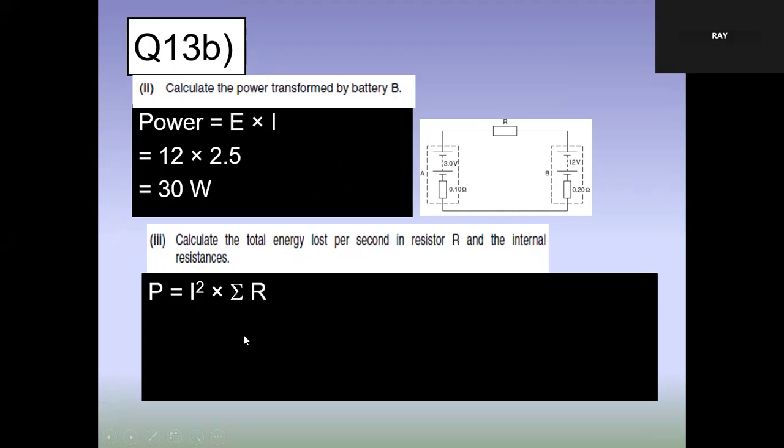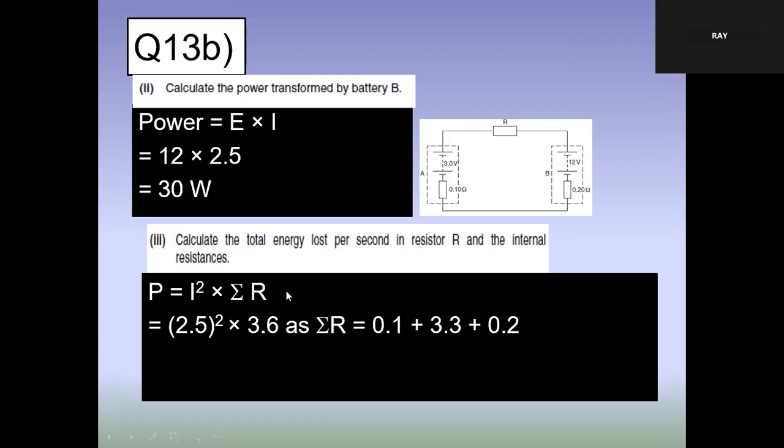I we have calculated as 2.5, squared, and add all the resistance, which is 3.6 ohm. Can, which formula is this again? This is I squared R, where R is the total resistance. Oh yeah, yeah. Okay. Any other comment? If not, let's carry on.